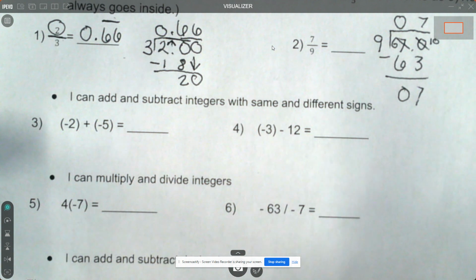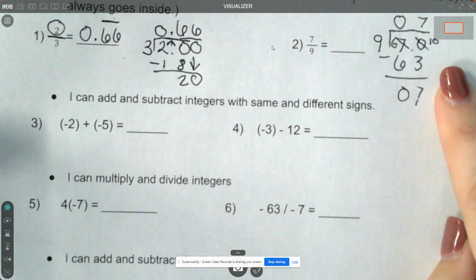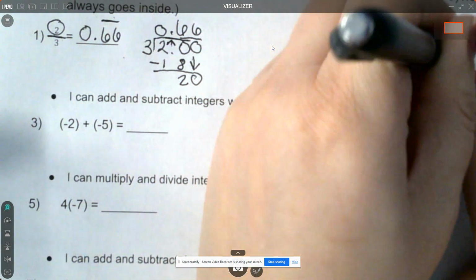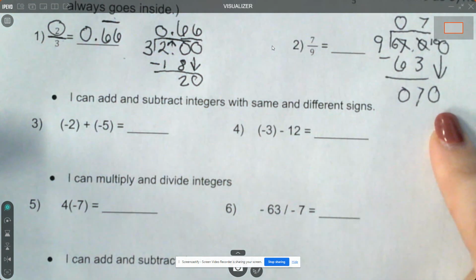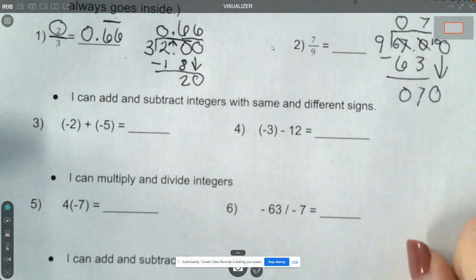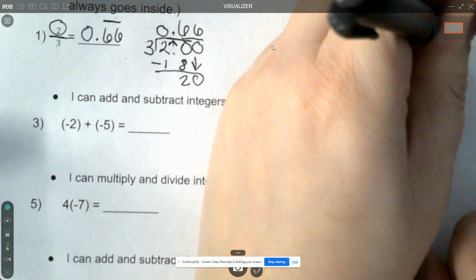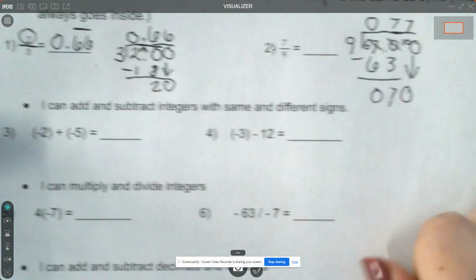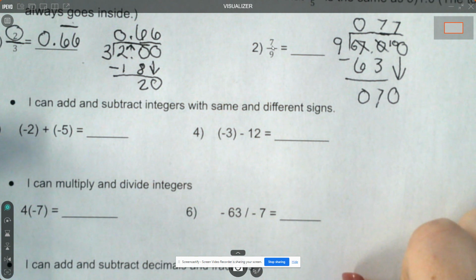What do I do next? Contessa, what could I do? I have to add a 0 first and bring it down. Does 9 go into 70, Willow? How many times? Anyone notice anything? What's happening? It's another repeating decimal.